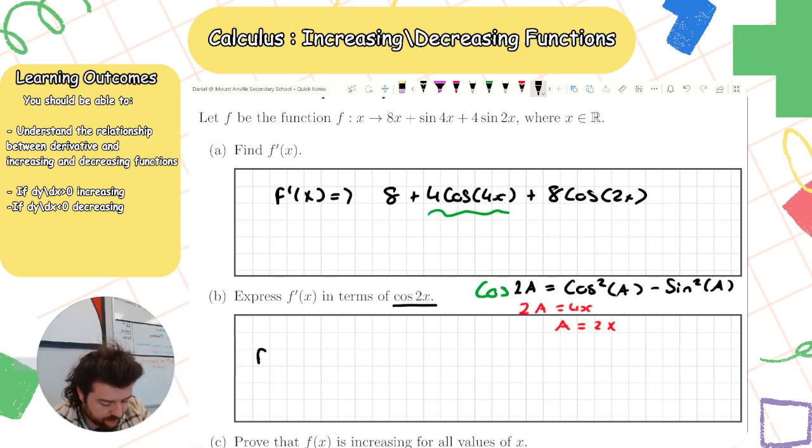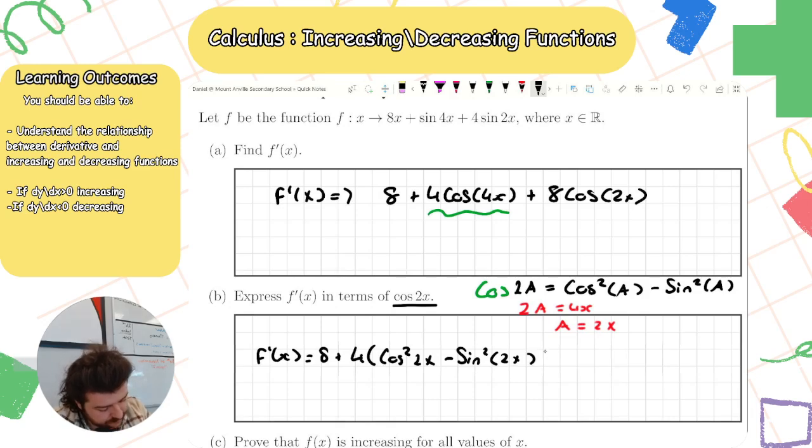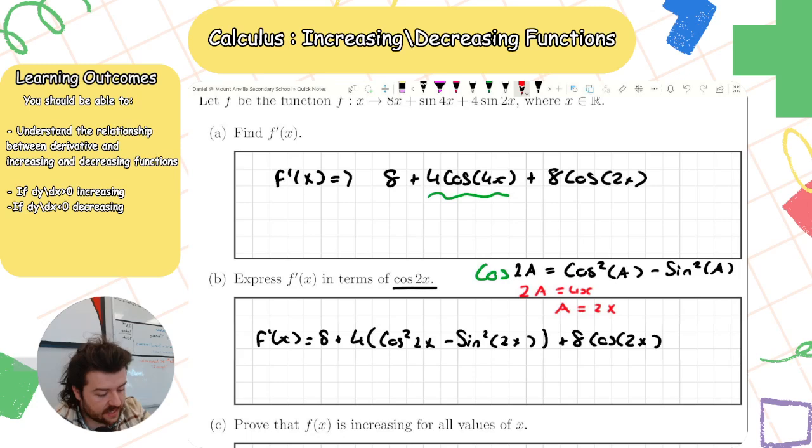So 8 plus 4 times cosine squared 2x minus sine squared 2x plus 8 cosine 2x. Now I need to get rid of this sine squared. Well, you remember here, cosine squared plus sine squared is equal to 1.